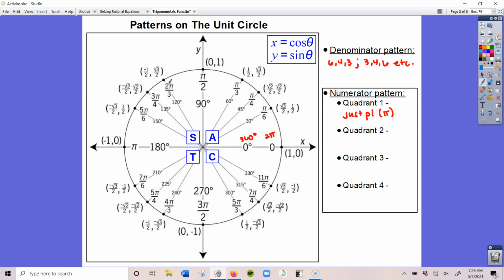So 2 is 1 less than 3, so 2 pi over 3, 3 pi over 4, 5 pi over 6. So the numerator pattern for quadrant 2 is that the numerator is 1 less than the denominator.